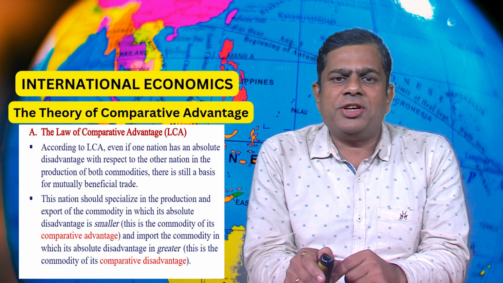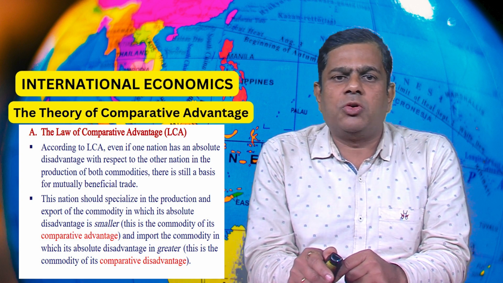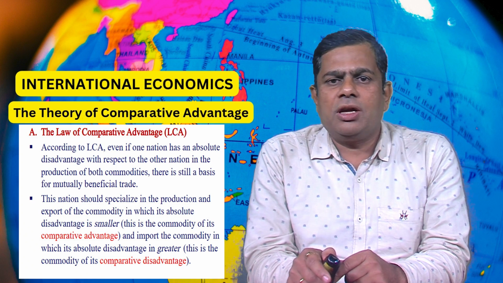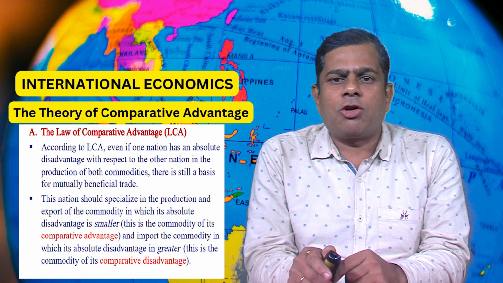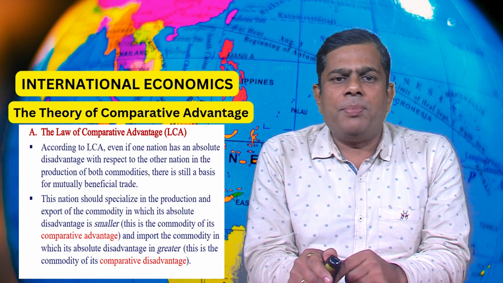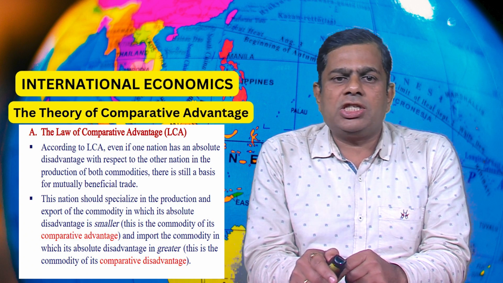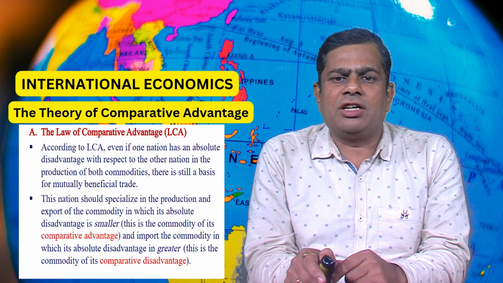This nation should specialize in the production and export of the commodity in which its absolute disadvantage is smaller, that is, the commodity of its comparative advantage, and import the commodity in which its absolute disadvantage is greater. This is the commodity of its comparative disadvantage.